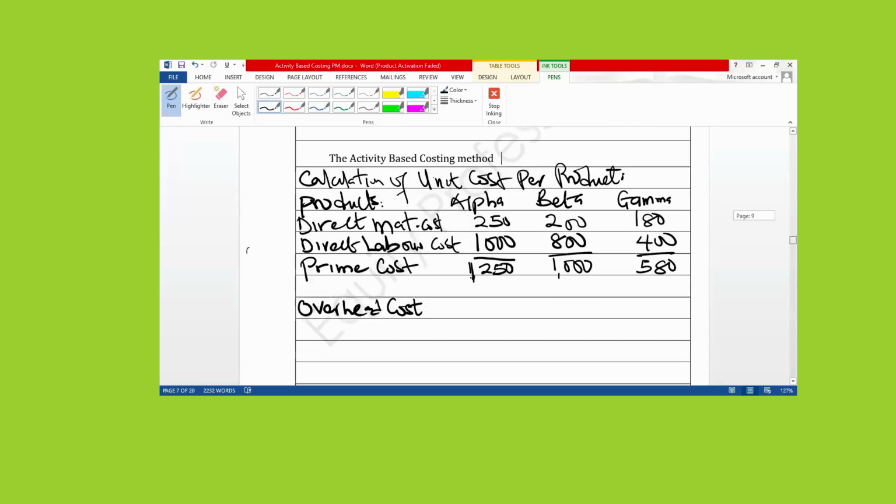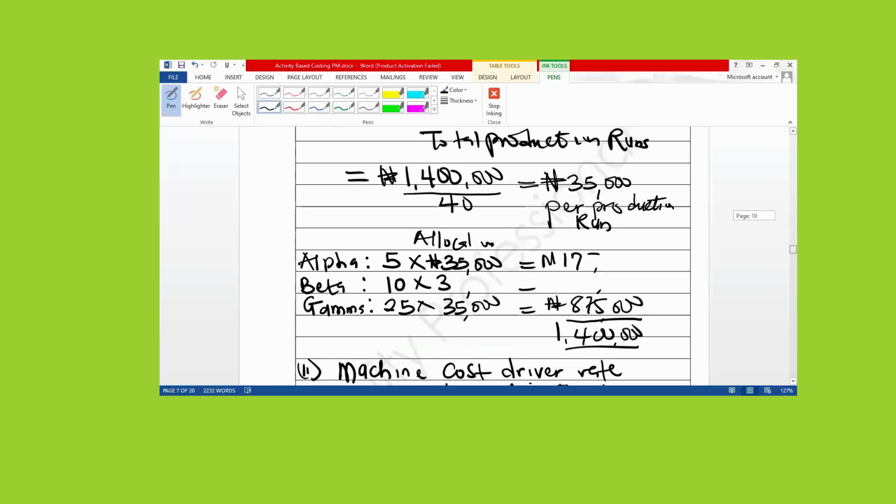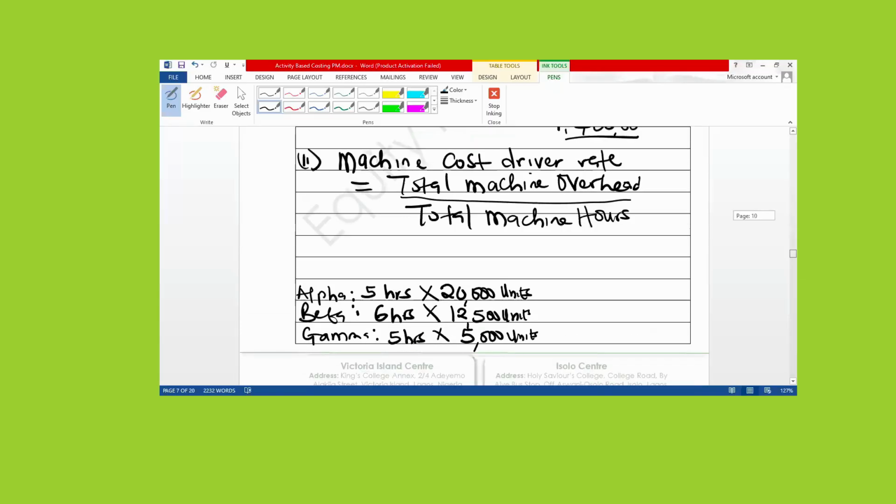So 5 multiplied by 20,000 is 100,000. 6 multiplied by 12,500 is 75,000 hours.